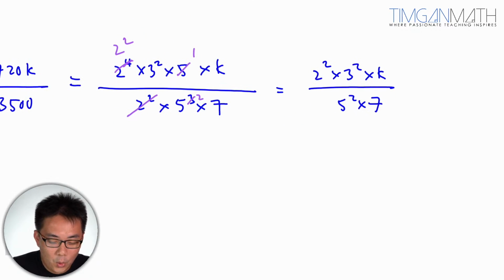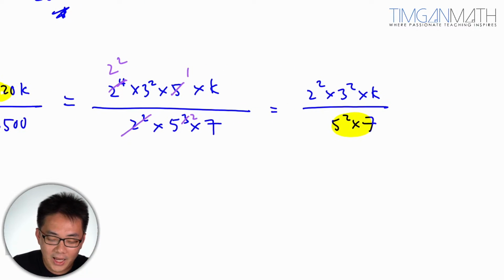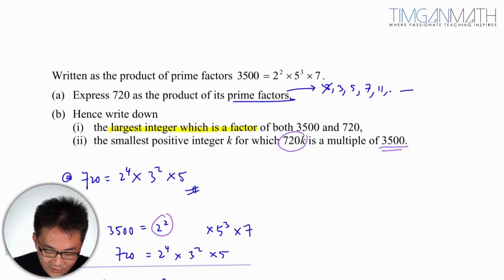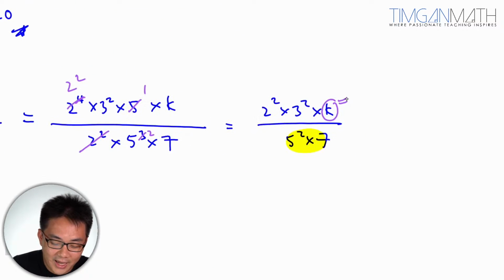Now, what is left below here is whatever the top, 720, could not cancel. So that's the reason why, in order for this to be a perfect divisor of a multiple of 3500, this k has to be minimally 5 squared times 7, so that this could cancel with this.